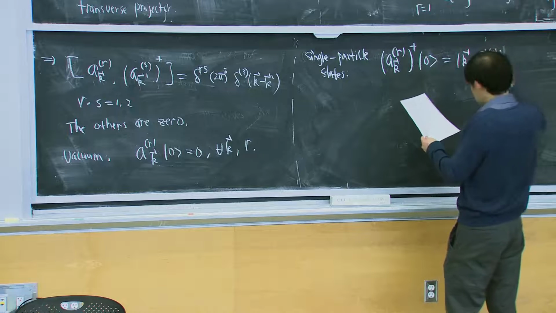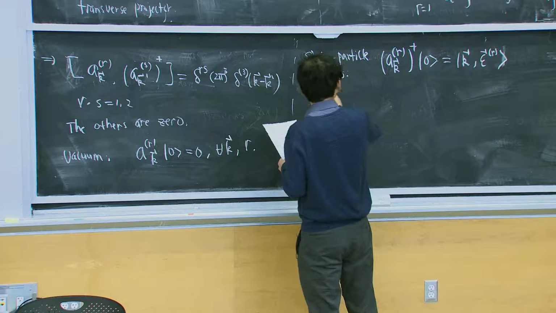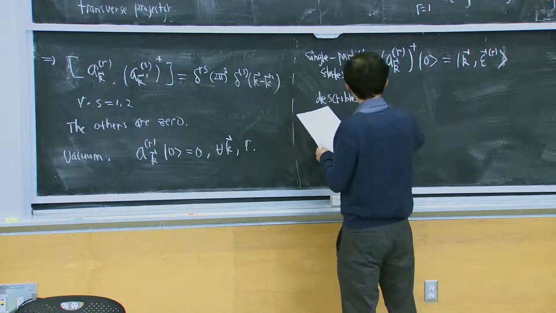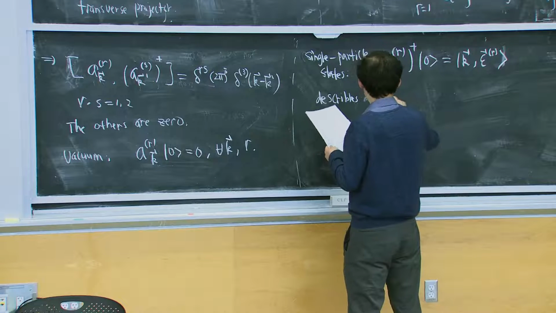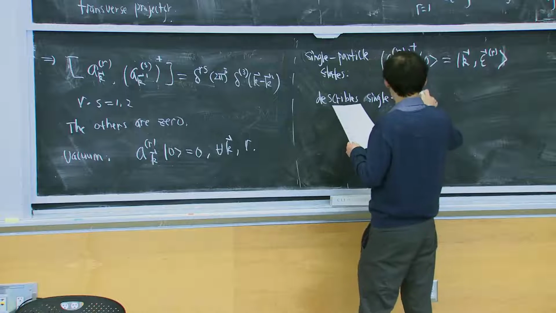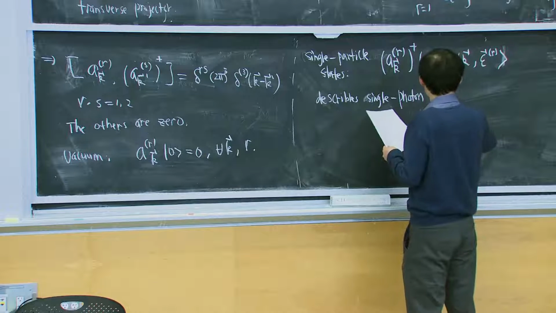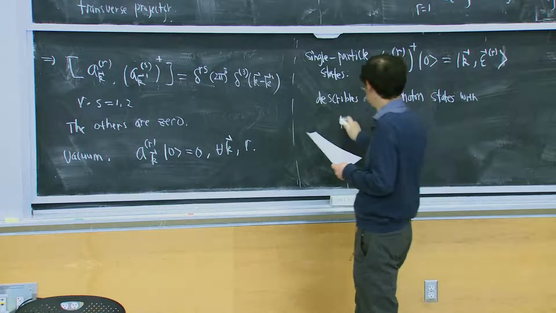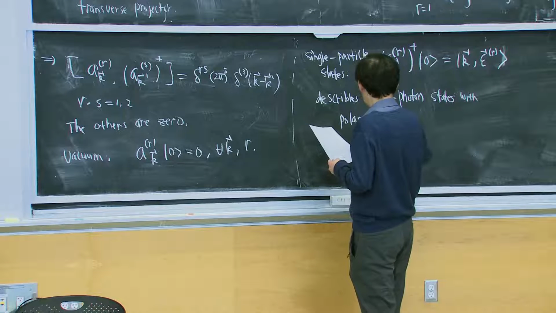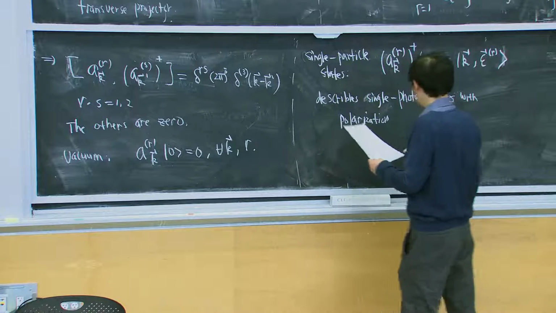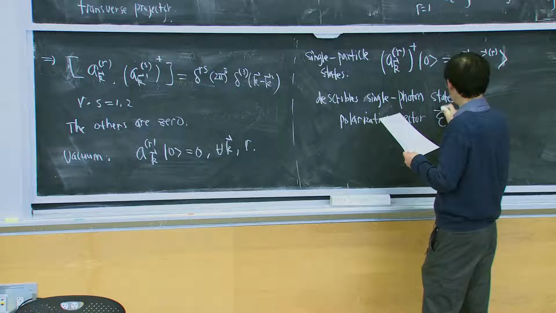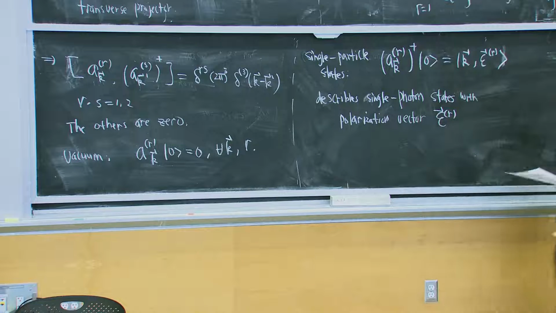Okay. So this describes a single photon state with polarization vector given by epsilon_r. Remember epsilon_r is a transverse vector, and you have two independent of them.